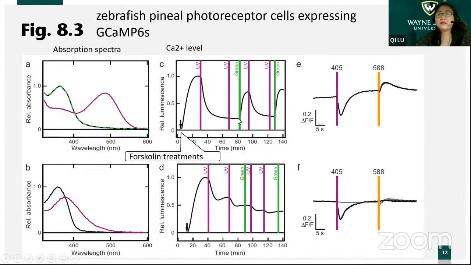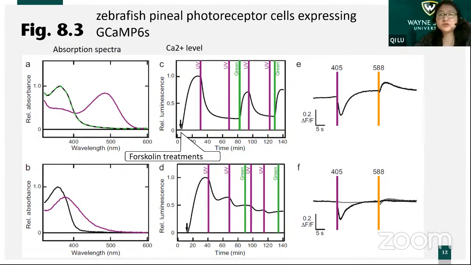But after providing a green light, some of the pigments will go back to the dark state. That means that in an inactive state, it does not activate the GI signal pathway, and the calcium concentration will continue to go high until shedding another light pulse of the UV light, so the GI signal will be activated again.